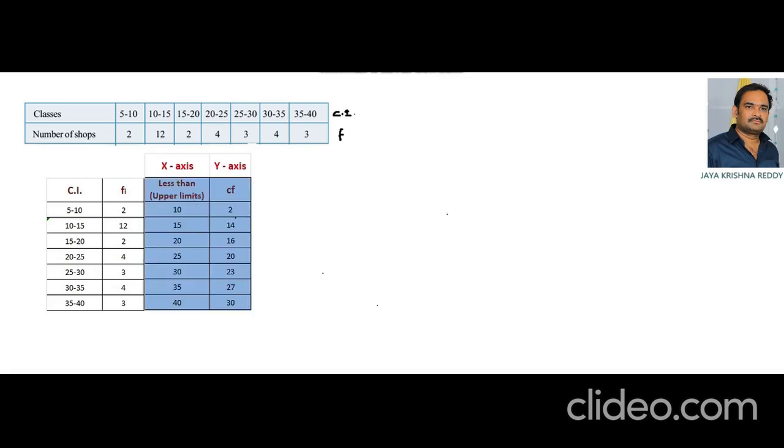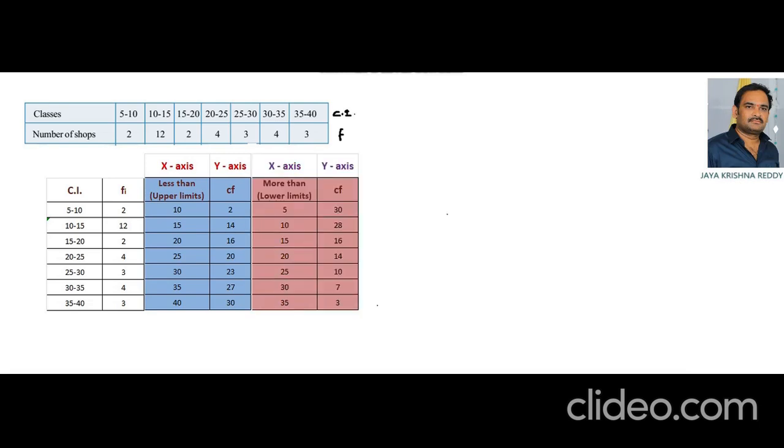The remaining two columns are upper limits and cumulative frequency. To draw the less than type ogive, the upper limit should be taken on x-axis and the cumulative frequency on y-axis. And the last two columns will be considered to draw the more than type ogive: the lower limits column and cumulative frequency column. Lower limit should be taken on x-axis and cumulative frequency on y-axis.